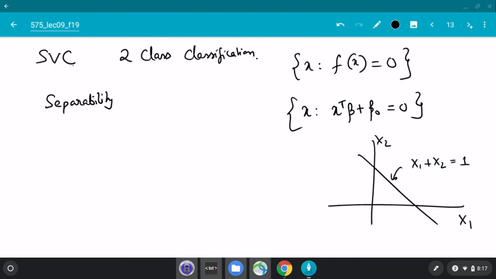We're just saying that the data is separable, which just means that in each of the two regions there will be only one class. In one region there will be the positive class, in the other there's going to be the negative class. Something like this in two dimensions.